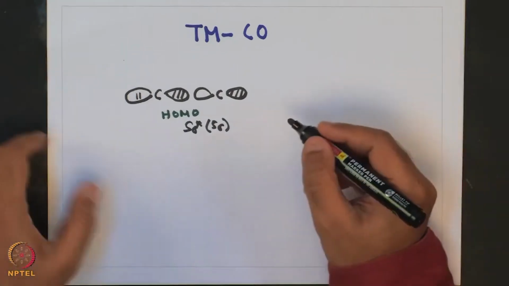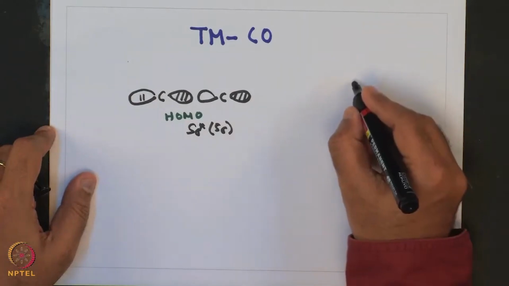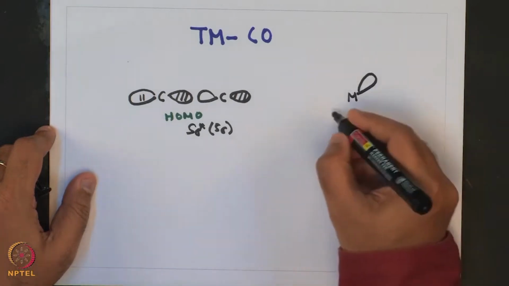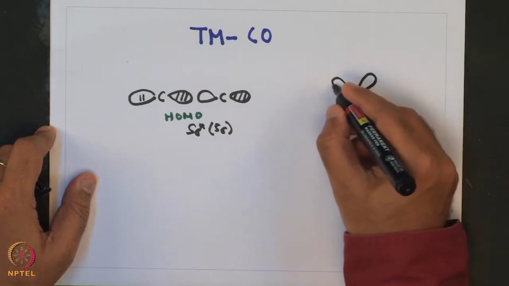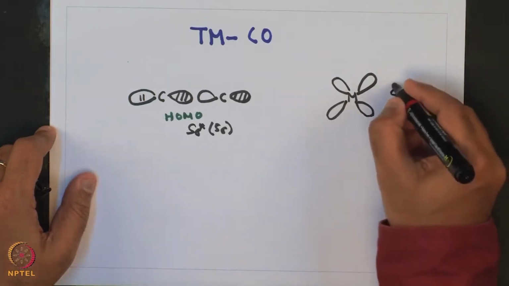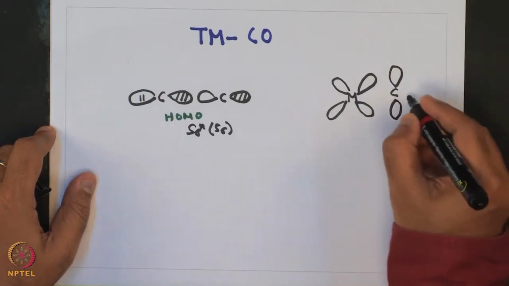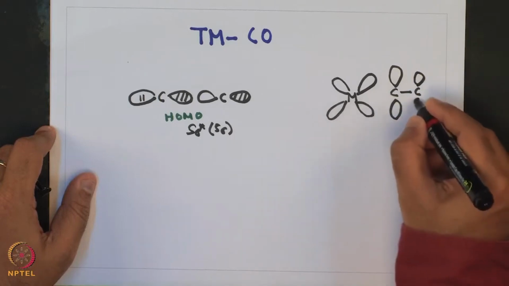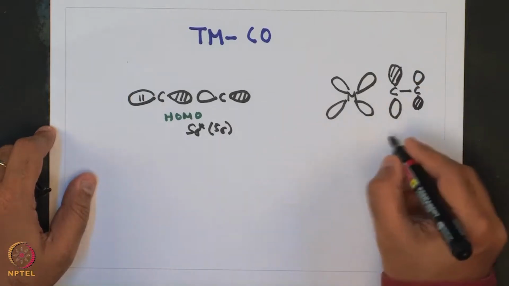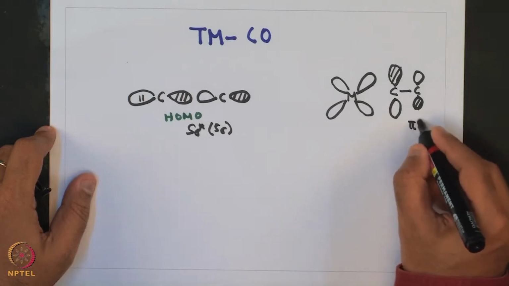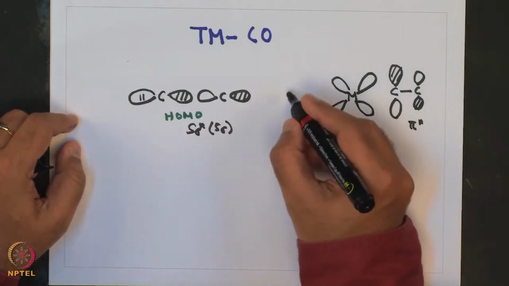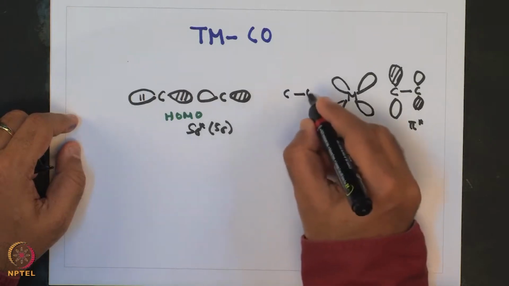We had also seen the LUMO contains two degenerate orbitals which are of pi type and contain interactions like this.